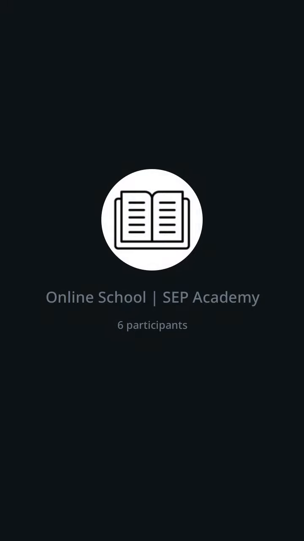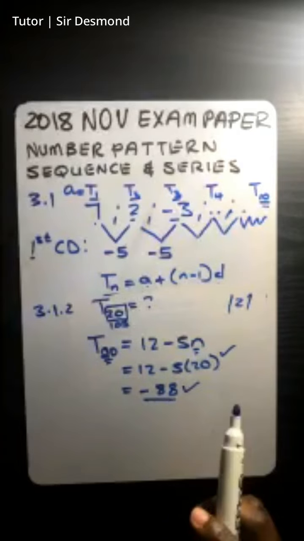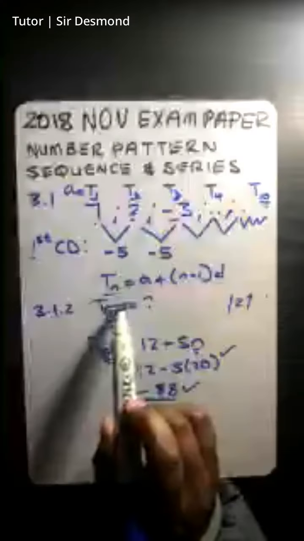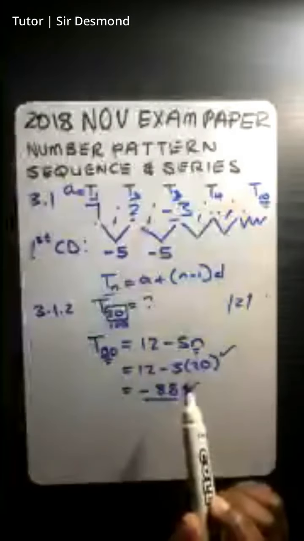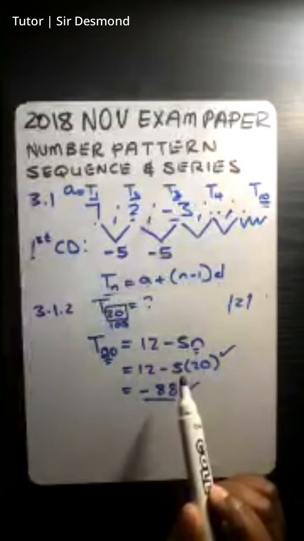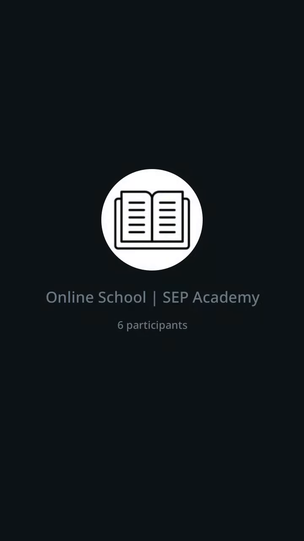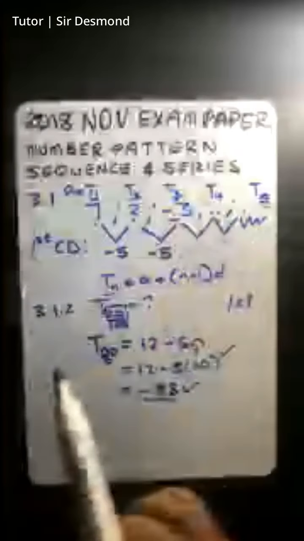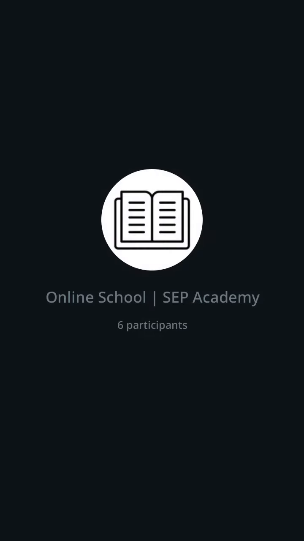So you can either be asked what will term number 20 be, and again you can be asked, for example, which term on the sequence will be equal to whatever. Then that's where you need to tell which term on the sequence it is.